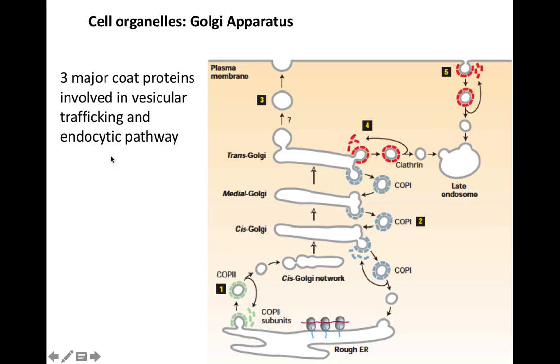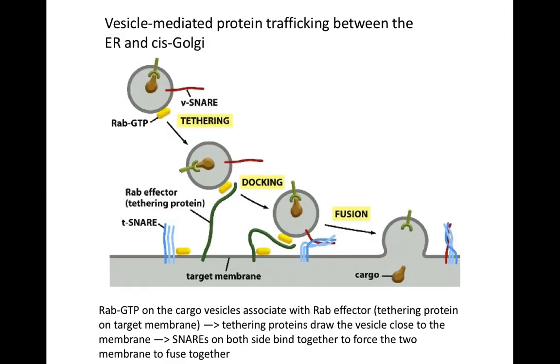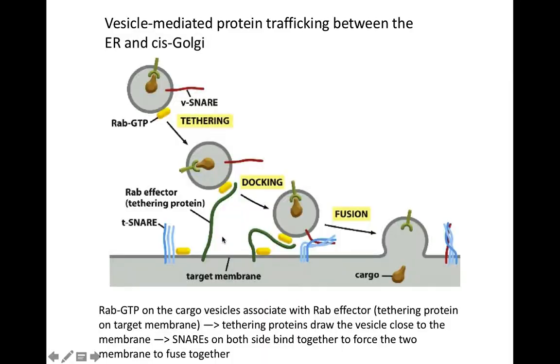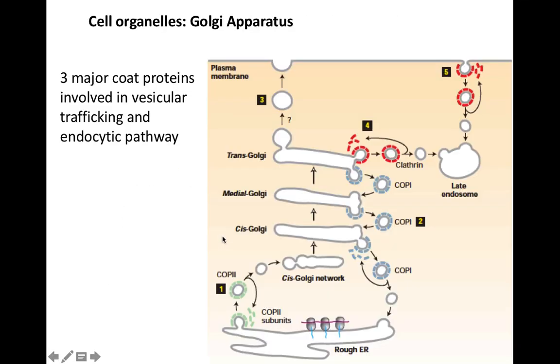So let's talk about some coat proteins. We have previously talked about these two types of coat proteins, COP2 vesicles and COP1 vesicles. Three different major coat proteins are involved in vesicular trafficking inside the cell.